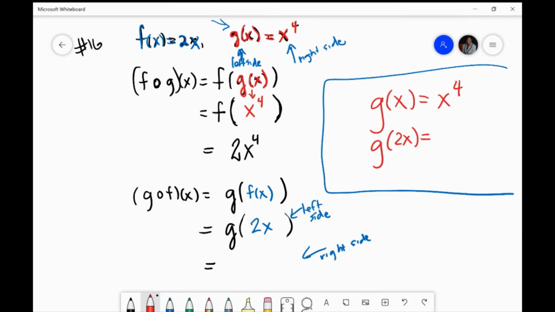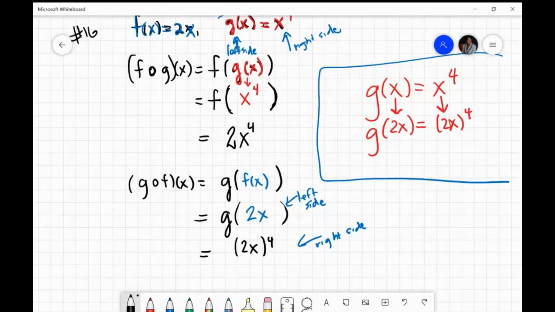I just replaced this x with 2x, so I'm replacing this x with 2x. You get it? Yeah. Okay, so you just do it like that then. So you don't add the extra x. Okay, I was making it so hard on myself. So 2x has to be to the 4. Yeah.